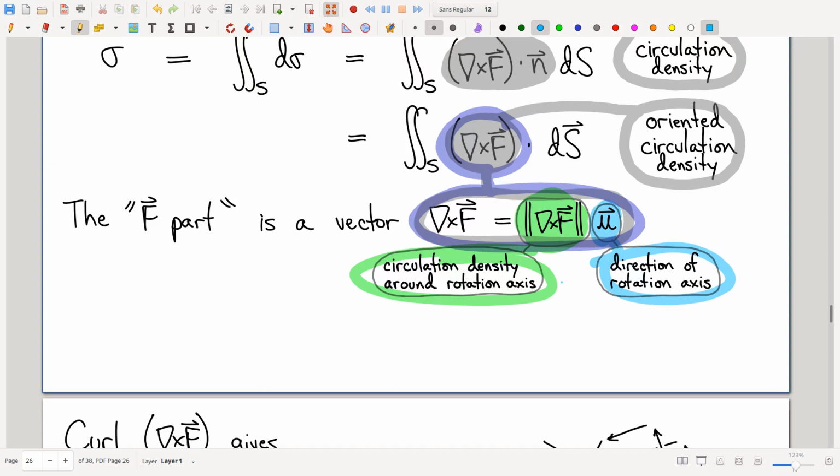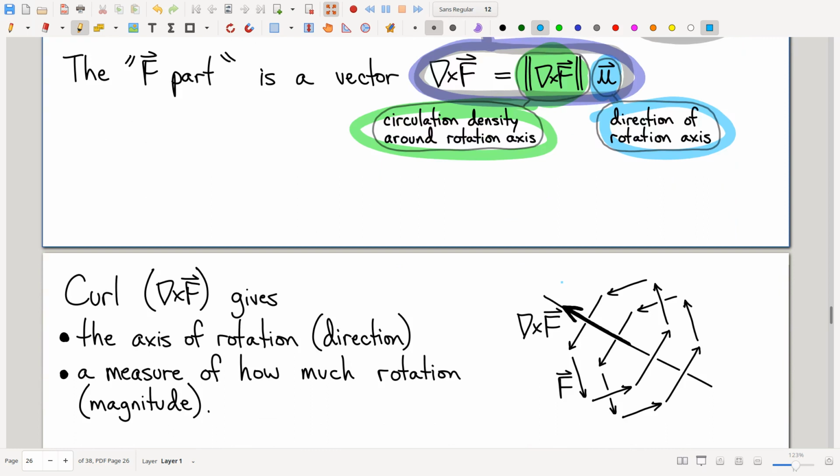And so just to go down here to the next page, you can see right away, given a curl, that vector is going to point in a direction. The direction that it points is telling you, whatever rotation the fluid is doing, this is the axis that rotation is going around.